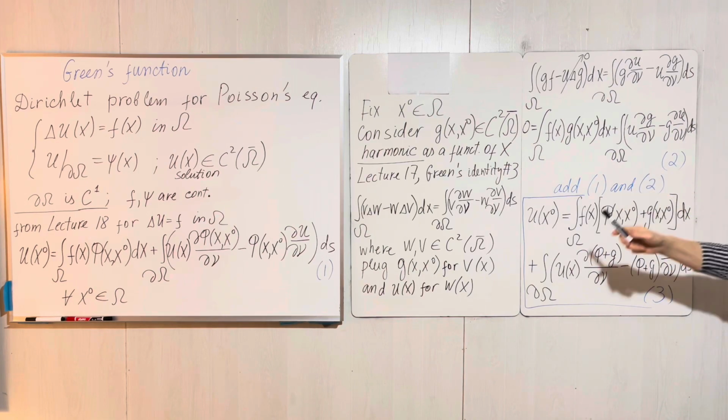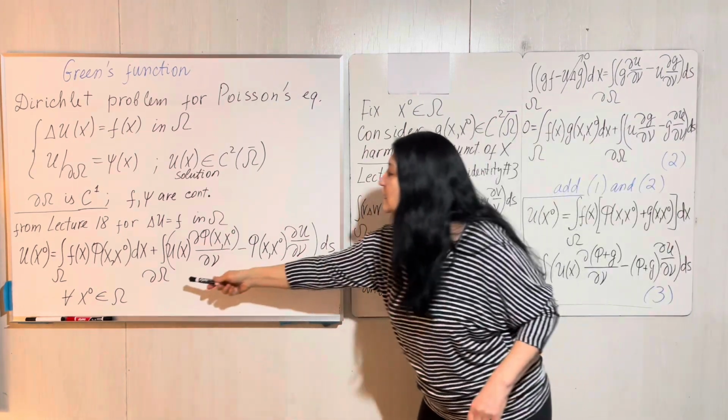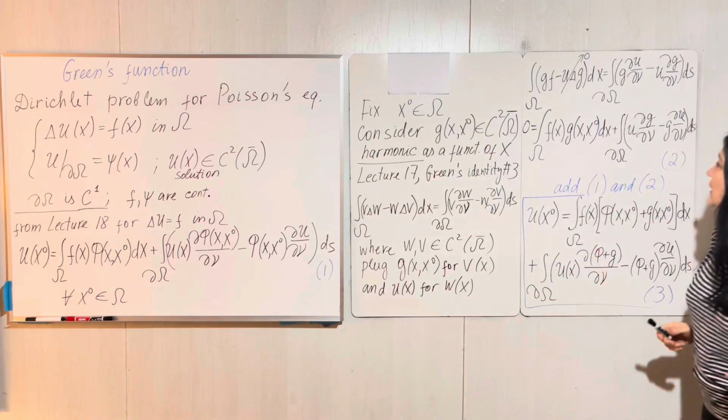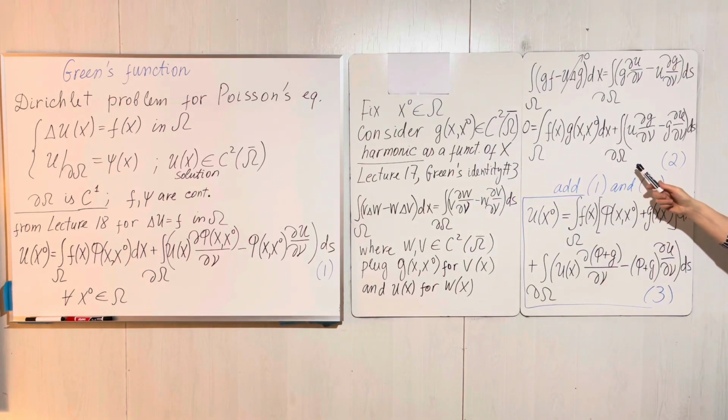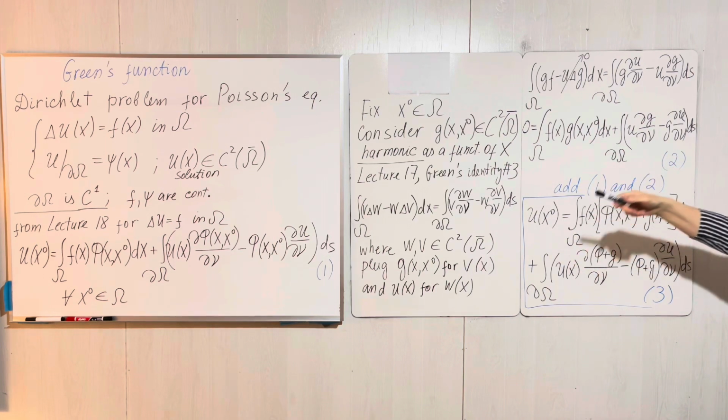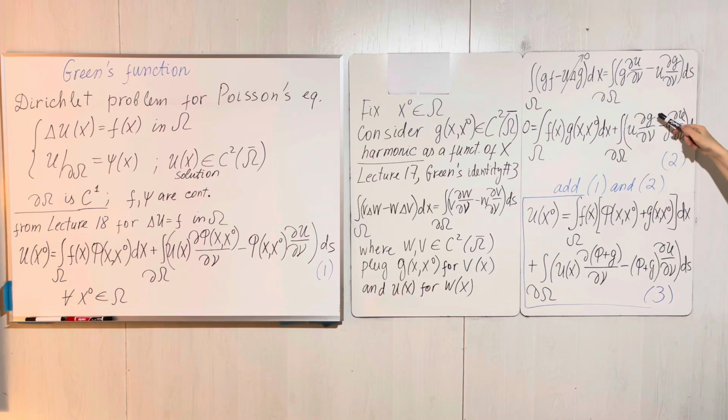In the second integral over the boundary of the domain, the first term is u times d phi/dnu plus dg/dnu.